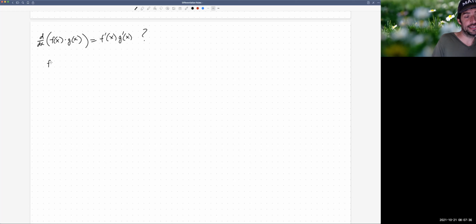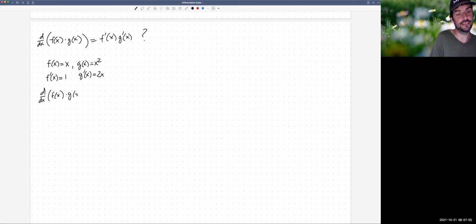Let's let f of x equal x and g of x equal x squared. Then f prime of x is equal to 1 and g prime of x is equal to 2x. That means that the derivative of f of x times g of x is equal to f prime of x times g prime of x, which is equal to 1 times 2x, which is 2x.